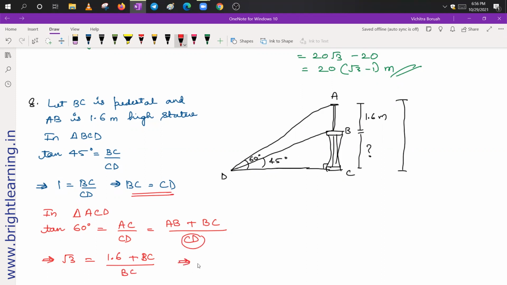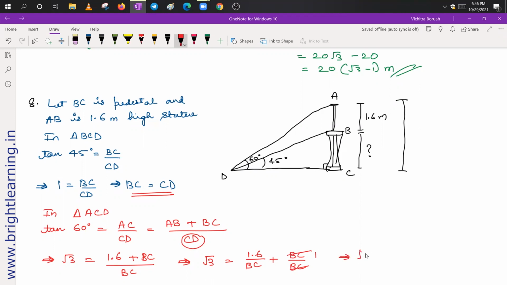So for that you will write root 3 is equal to, next you write BC at the denominator in both the terms, 1.6 upon BC plus BC upon BC. So BC upon BC is 1. This 1 goes on the left hand side.